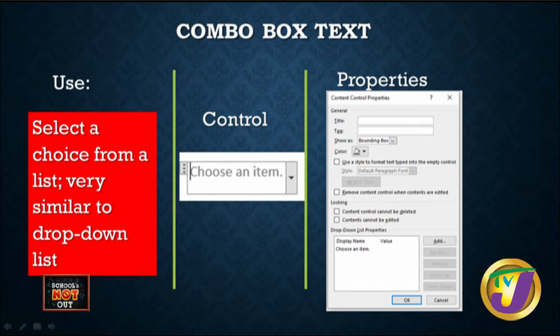Okay, and then we have this properties section here, and the part I'd like to highlight is a section that says drop-down list properties or combo box properties. What you're allowed to do here is add. You can add the properties themselves or add the actual selections themselves. So if it's a drop-down list or a combo box, same setting. All right.